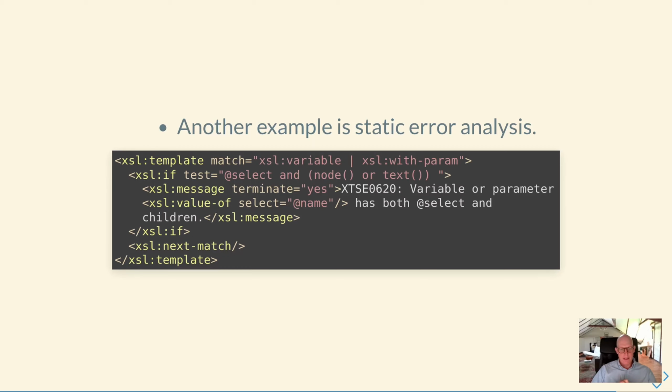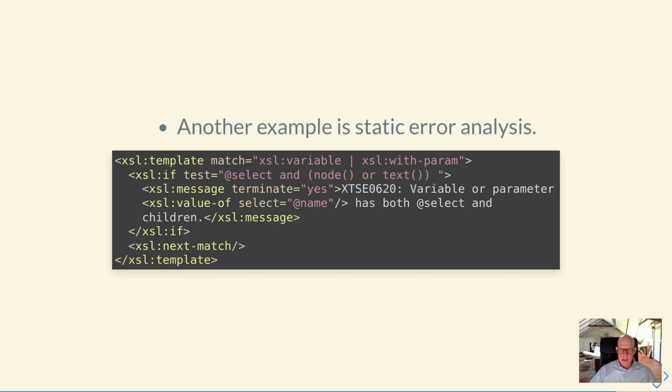Another example that I've been using this for is static error analysis. If we assume another XSLT identity transform, and then we include this little template, which would match an xsl:variable or xsl:param element. The rule with those elements is that it can include either a select attribute or children, like node or text, so it can include one or the other.